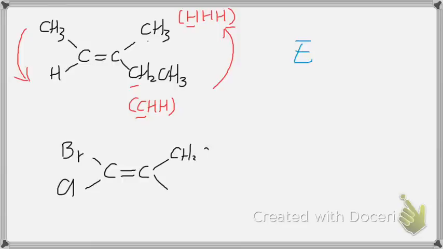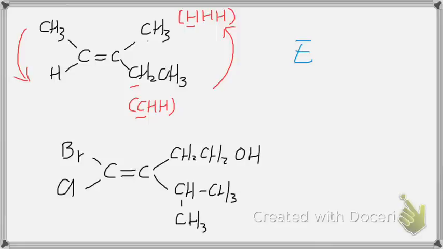Next example. On the left side, we have Br and chlorine. Br is higher. Here's my arrow. On the right-hand side, attached to the double-bonded carbon are C and C. Then we have to look at what's attached to the C. For the top carbon, there are 2 hydrogens and 1 other carbon, so CHH.